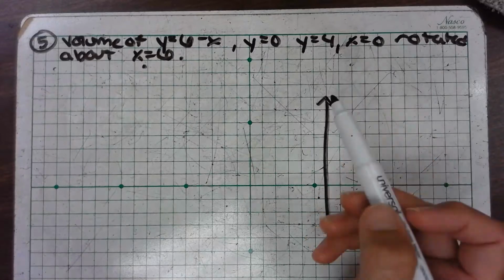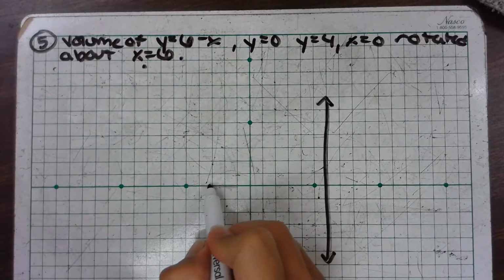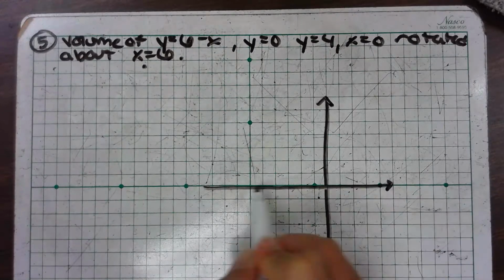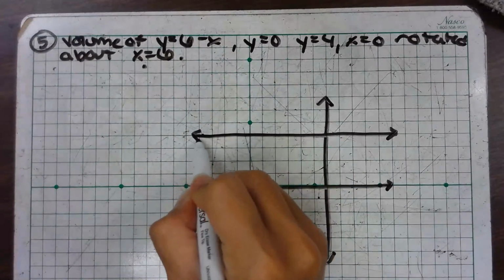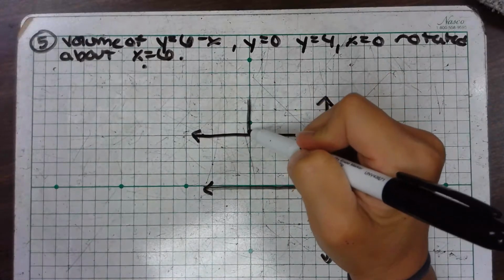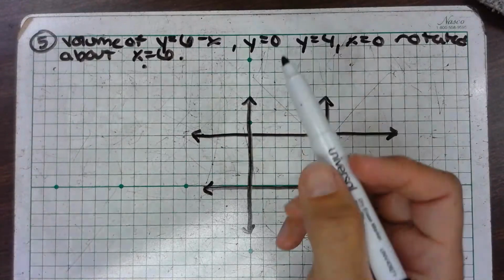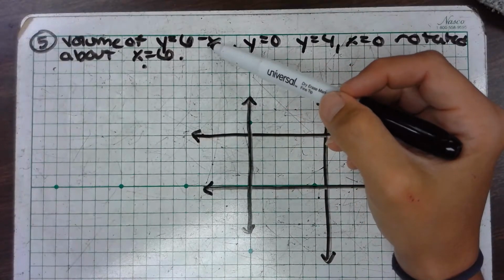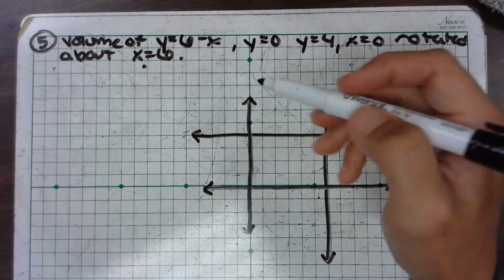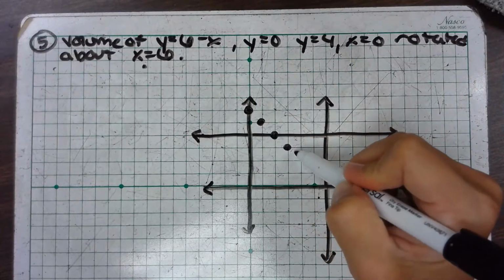Okay? I'm doing it from y equals 0, which is this right here, to y equals 4. Okay, x equals 0 is this. All right, and this is the line. Now, I'm going to draw the line in here, but I'm going to have to solve this for x in just a second. Here, it hits at 6, and it's down 1 over 1 in the negative direction.